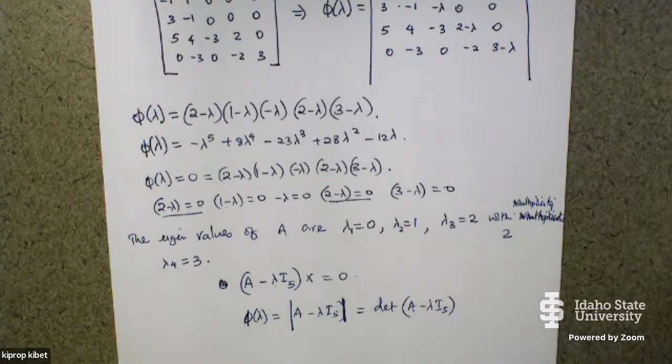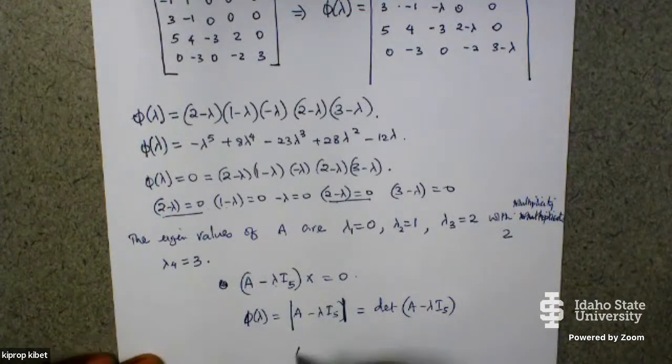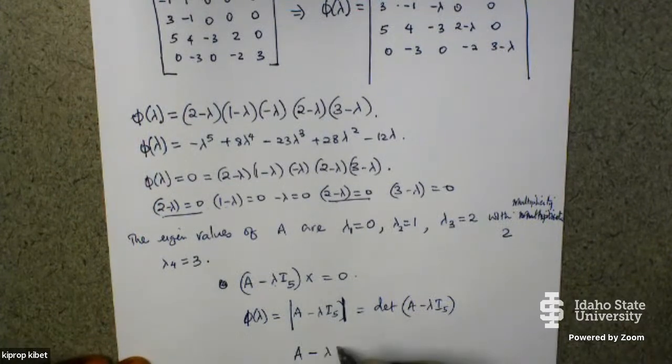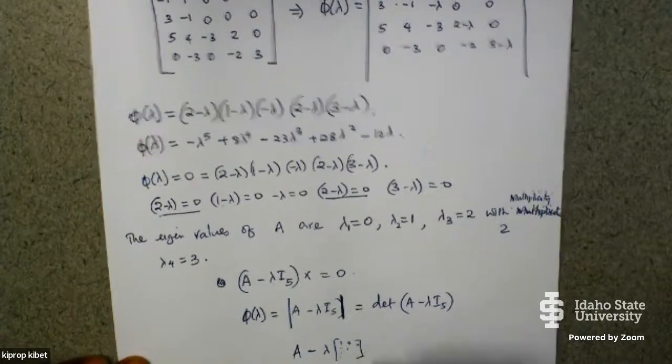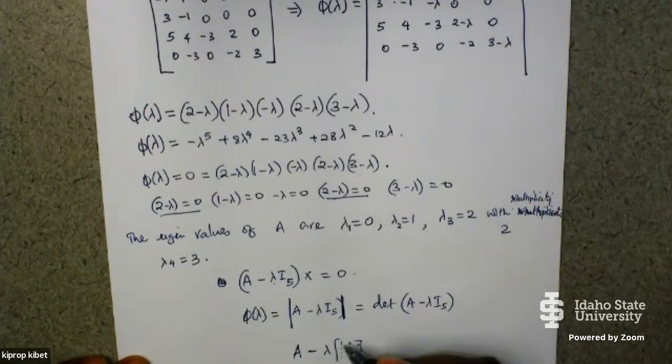So using the same way that we just did previously, because this is like our A here minus lambda multiplied by the identity. These are 0, 0, these are 1, right? So when you put lambda here, then it will be just lambda on the diagonal.